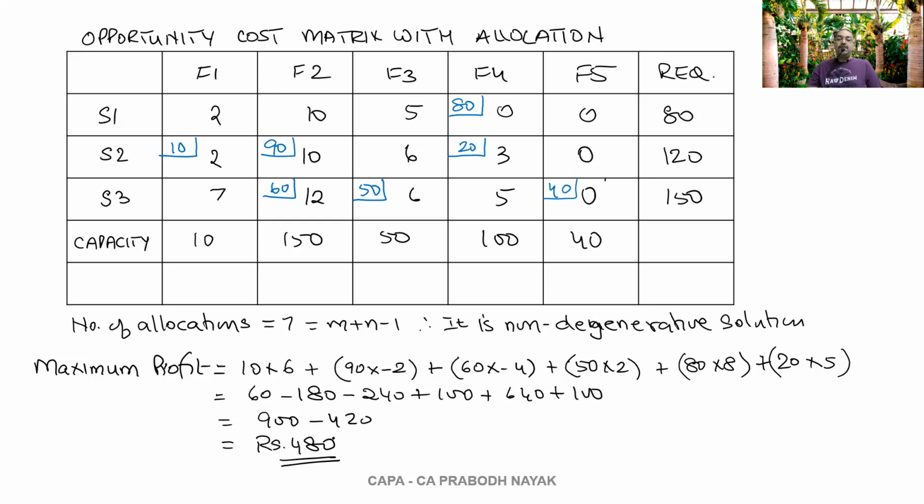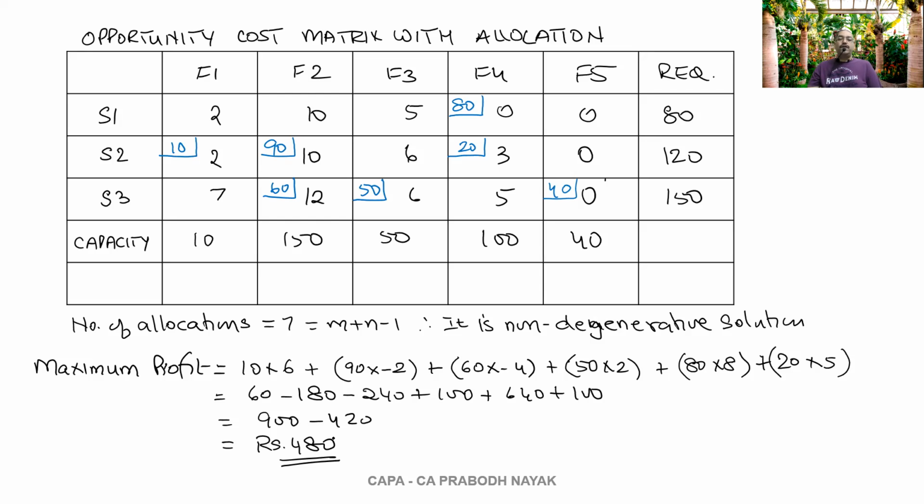Now, after that, I'll calculate the minimum cost, and from there, I will prepare a profit matrix first. Second, I will prepare a cost matrix. I will not prepare an opportunity cost matrix. Cost matrix means straight away only the cost taken: production cost plus material cost, 15 plus 10, 25, 18 plus 9, 27, 14 plus 12, 26, 13 plus 9, 22.